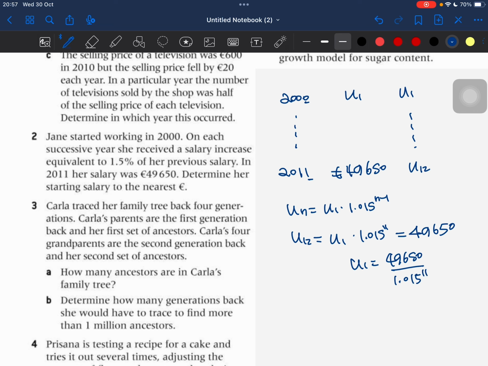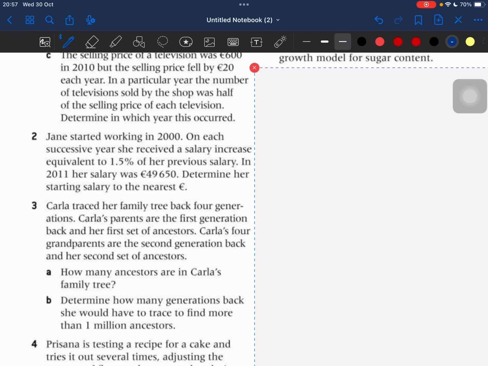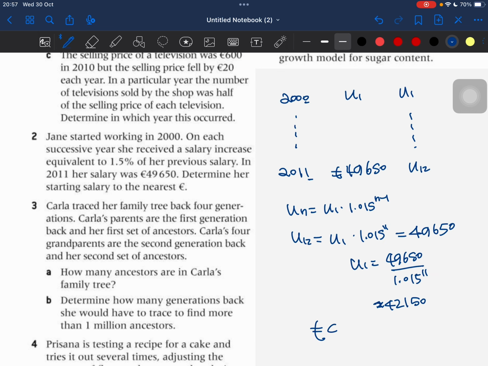From the calculator, 49650 divided by 1.015 to the power of 11 is 42,149.54. Oh, it asks for the nearest euro, which is 42,150. So her starting salary was 42,150 euro in 2000.